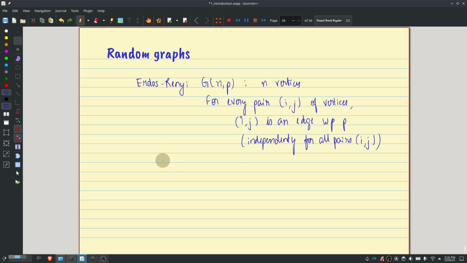So if you take a simple case where I have just 3 vertices, what are all the possible graphs that I can get using the Erdős-Rényi model? Yeah, so this is one particular configuration where there's no edge between any pair of vertices. The graph could have one edge. How many configurations are there? There are 3 of them.